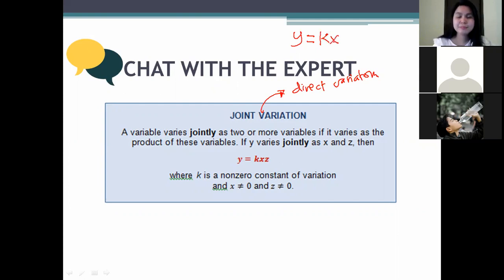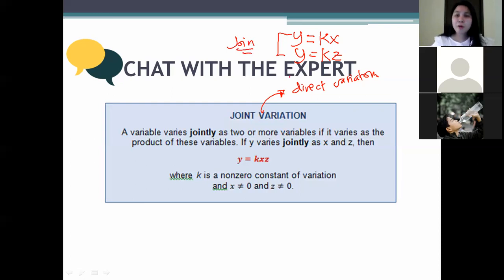How about this? Y varies directly as z. How will you write the equation of variation? Very good. Y is equal to kz. These are two direct variations. Let's join them. That's why they call it joint variation.